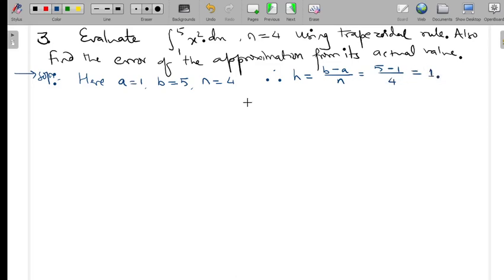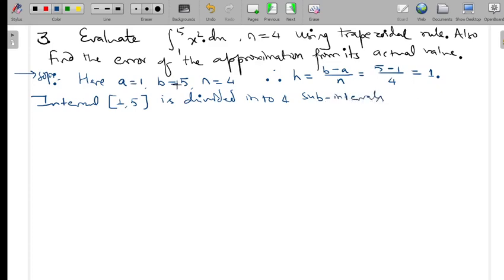We got the value of h, and the closed interval 1 comma 5 is divided into 4 subintervals.